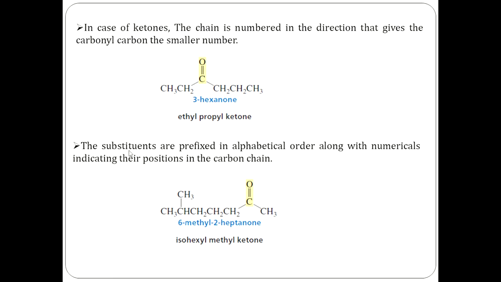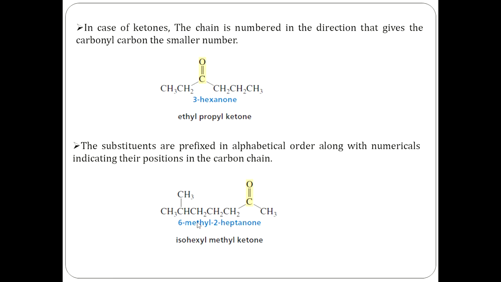Next, the substituents are prefixed in alphabetical order along with the numerals indicating their position in the carbon chain. As you know, a methyl group is attached to the 6th position of the given compound.